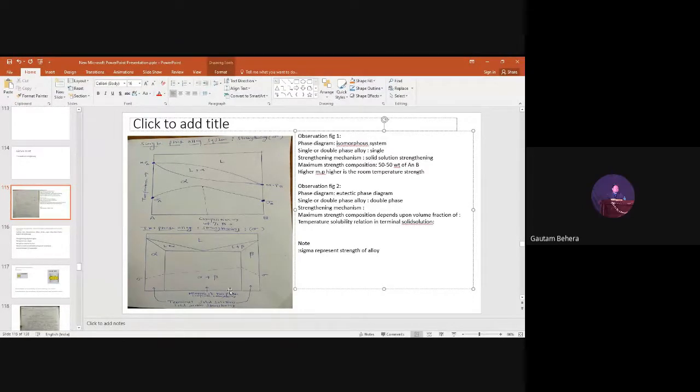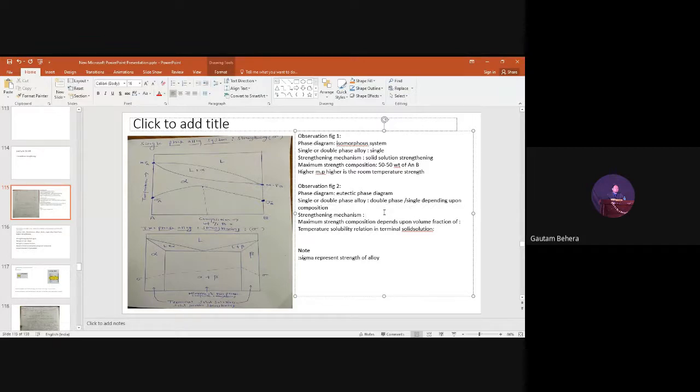Here also, two phase. So basically, you can write double or single phase depending upon the composition.